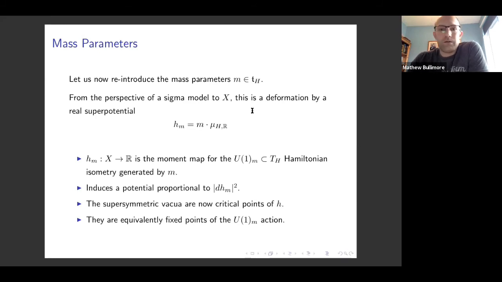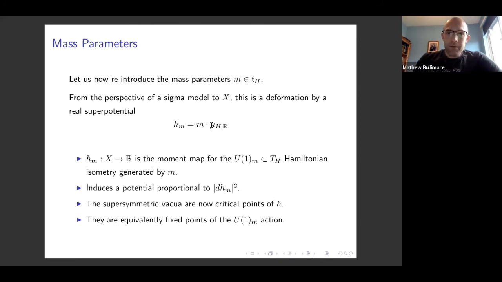And so from that perspective, you're turning on a massive deformation of the sigma model. And it's a deformation that depends on a real superpotential that I call H_m. And that's very much analogous to the real superpotential H that we talked about in the gauge theory. It's really the sigma model version of that. And what is it?